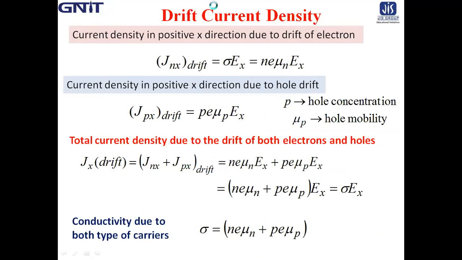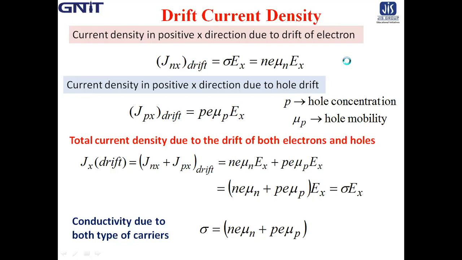Next is the drift current density. Before going to the drift current density, let us consider a cross section of a semiconductor of area, say A, whose length is L, in which the electrons drift due to the application of an electric field.